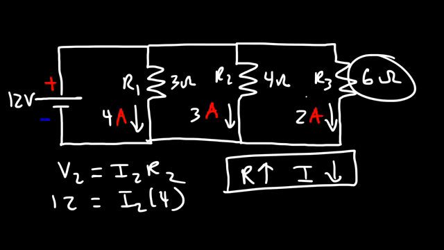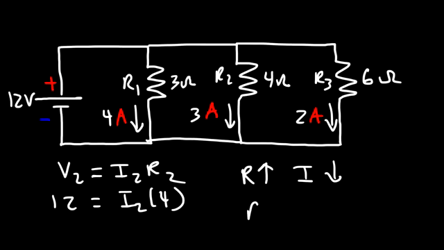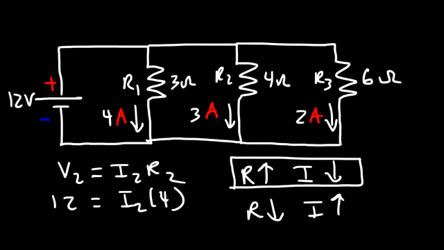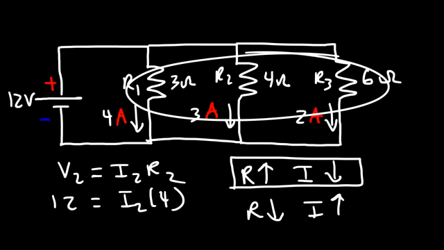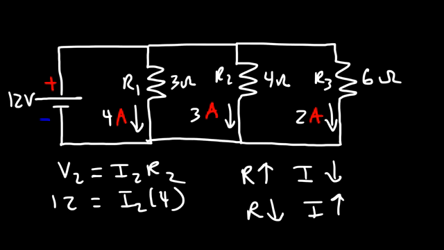If we increase it to 6, the current decreases to 2. And if we decrease the resistance, the current will increase. If we decrease it to 3, the current goes up to 4, provided that the voltage is held constant. And so you'll see this relationship in a parallel circuit, as you can see it here, or in a series circuit too. You could see that relationship there as well.